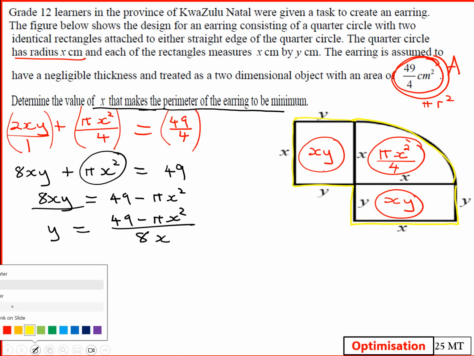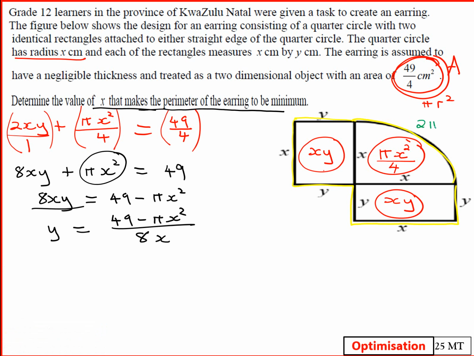The perimeter, which is called the circumference in a circle, the formula is 2 pi r, and here r is x. Because it's a quarter, we're going to divide that by 4. So let's put it down now. Your perimeter would be y plus x plus y plus y plus x plus y and plus 2 pi x all over 4.